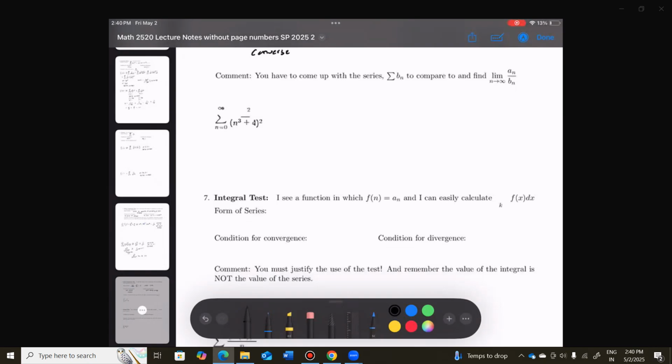So we're going to compare this one, n squared, to n squared over n to the 6th, which is roughly 1 over n to the 4th. So we're comparing 1 over n to the 4th to this. 1 over n to the 4th is a p series, where p equals 4, which is greater than 1, so it converges.